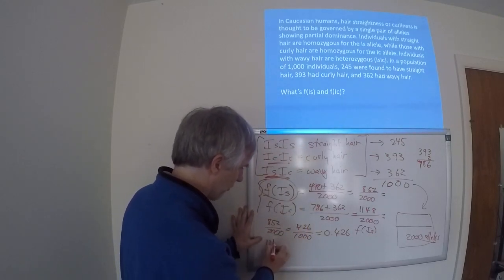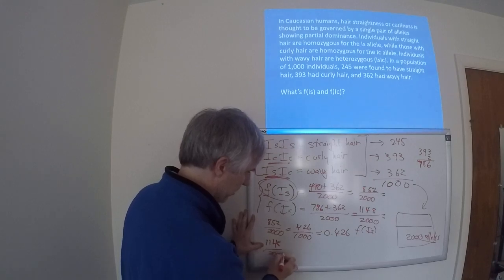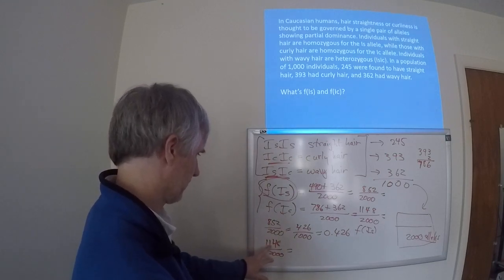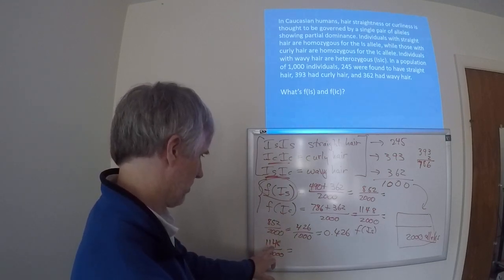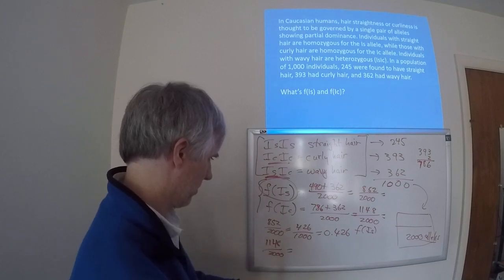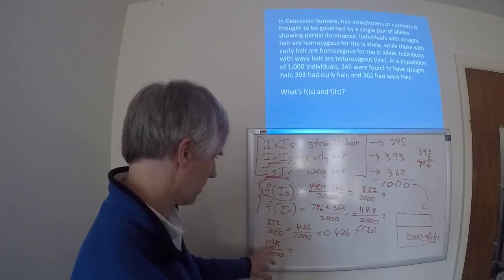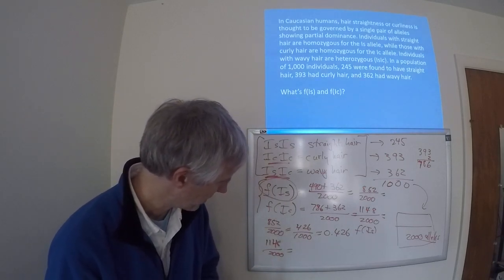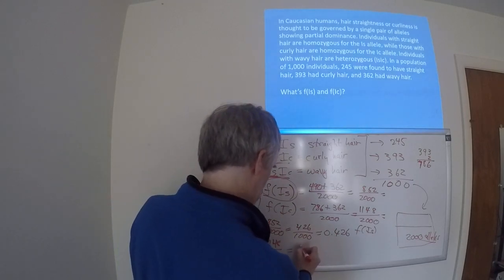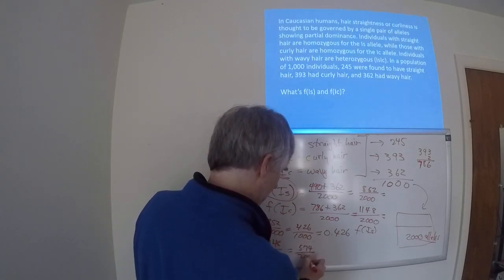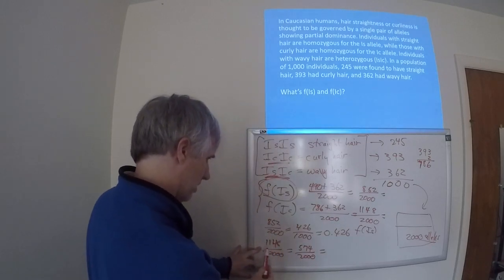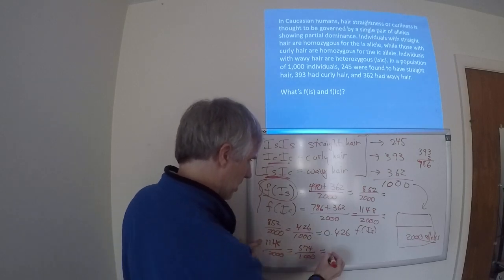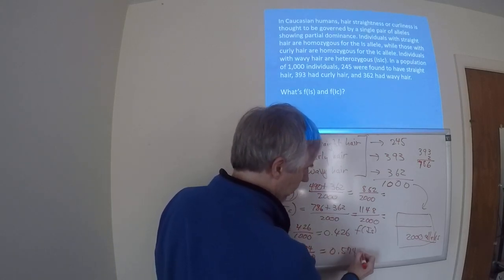And then we have 1148 over 2,000 equals 574 over 1,000, which equals 0.574.